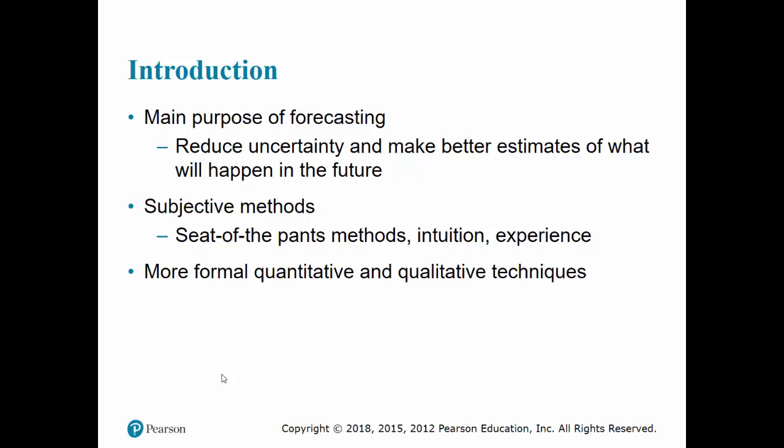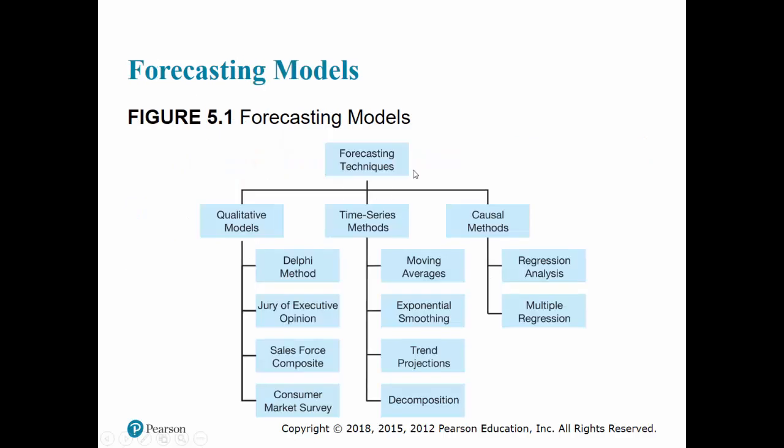Forecasting can be done in many different situations, but in our context, when we say forecasting, that means we are trying to estimate what the future demand for our products will be. Okay, forecasting techniques can be broadly classified into two groups: the qualitative models and quantitative models.